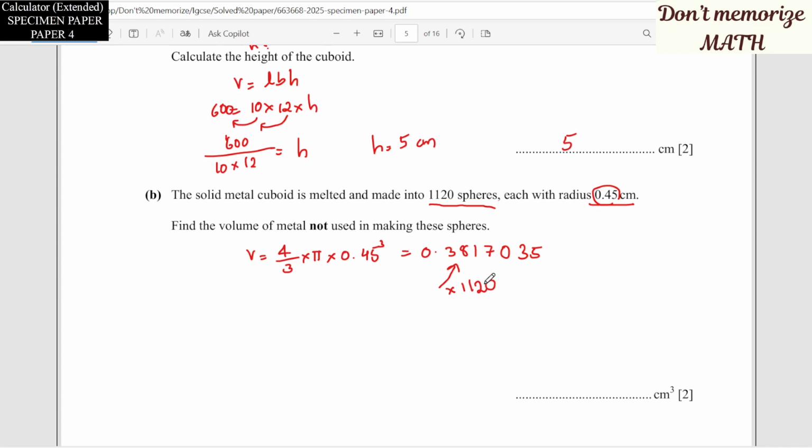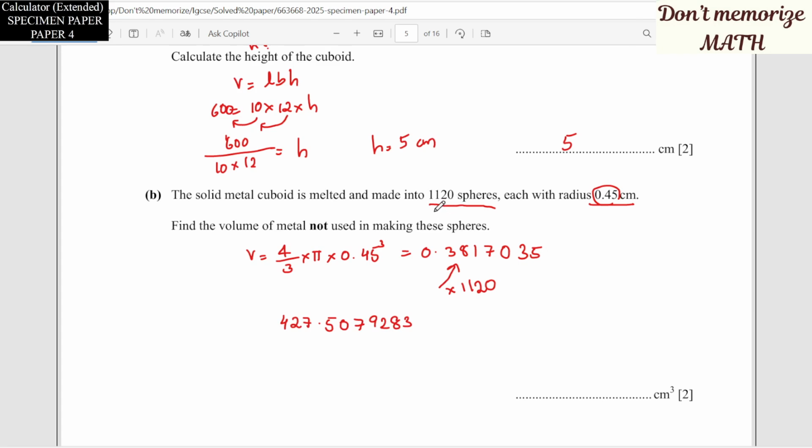So times 1120, you will get the volume of the 1120 spheres as 427.5079283. Okay, so this is the volume of the small spheres.